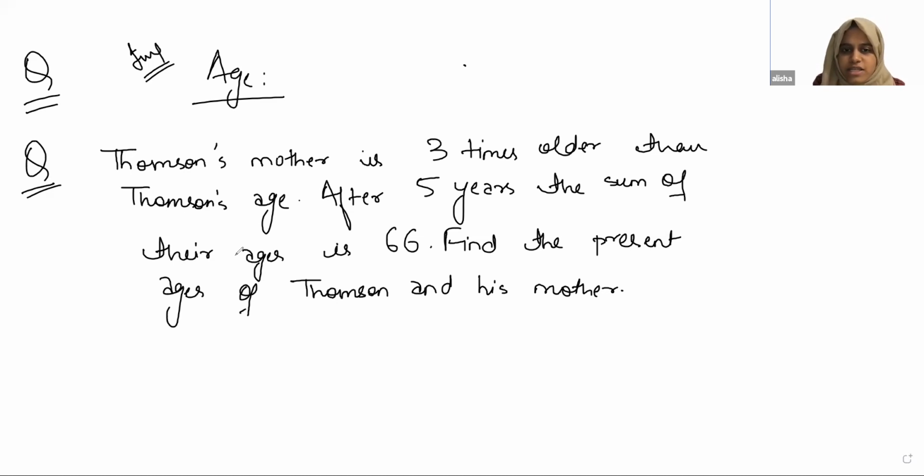Now what is the question asking? After 5 years, the sum of their ages is 66. What will you do? What is Thompson's age after 5 years? It will be x plus 5 plus 3x plus 5 equal to 66. Very nice. Do.